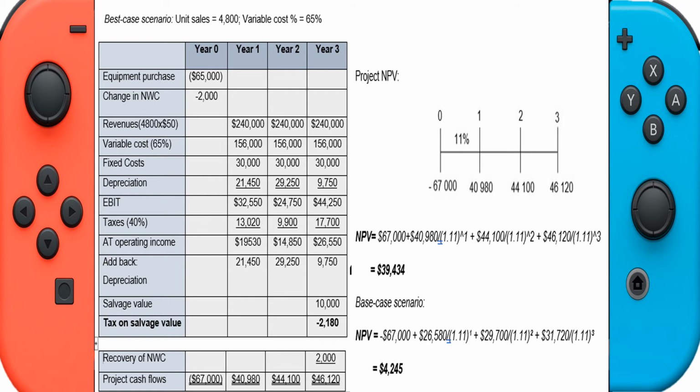As for the base case scenario, given that the unit sales is 4,000 with 70% variable cost, there would be project cash flows of 26,580, 29,700, and 31,720 for years 1, 2, and 3 respectively, which equates to a net present value of 4,245.